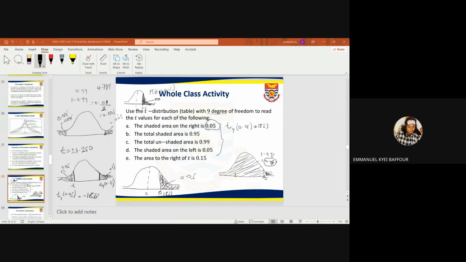That shouldn't give you a value that is too big like that. So the 0.1 is 1.383. Okay, so you had 1.383 plus 1.833.